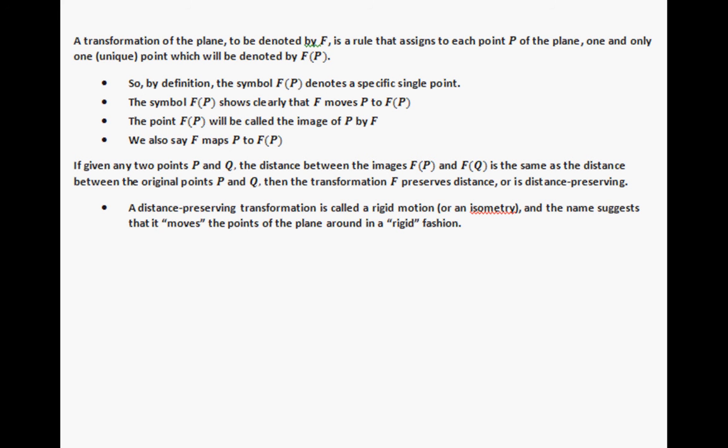And last, if given any two points P and Q, the distance between the images F of P and F of Q is the same as the distance between the original points P and Q, then the transformation F preserves distance or is distance preserving. And last, a distance preserving transformation is called a rigid motion or an isometry, and the name suggests that we move points around the plane in a rigid fashion.